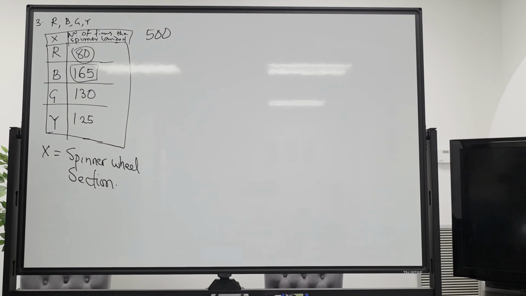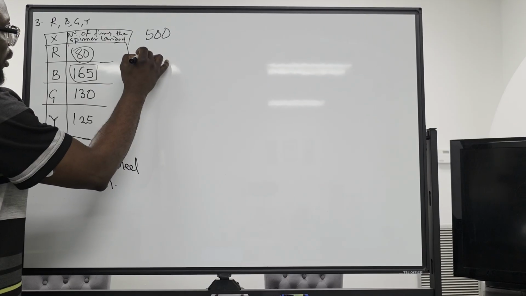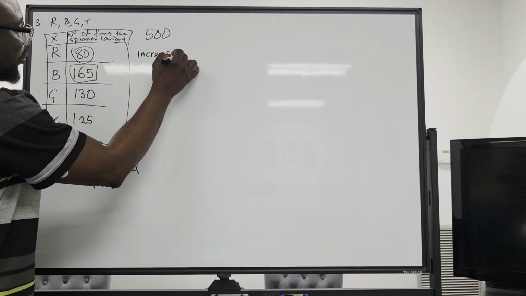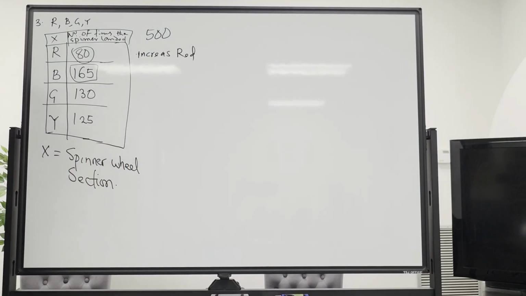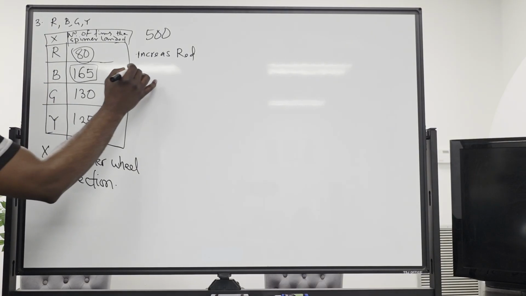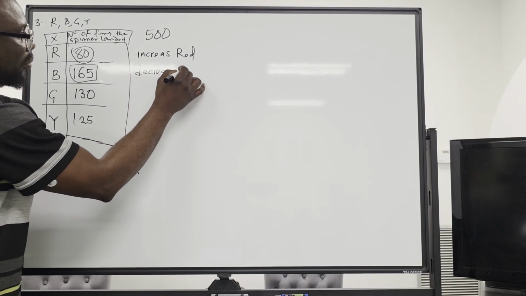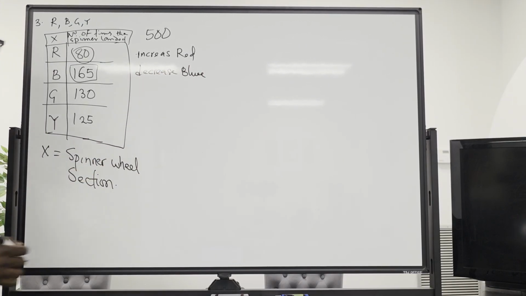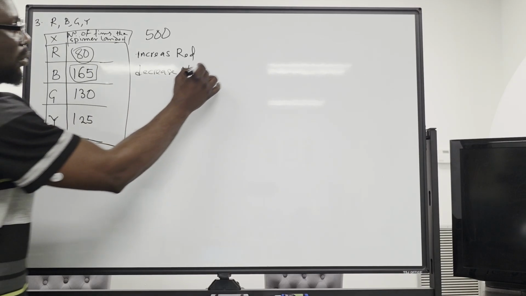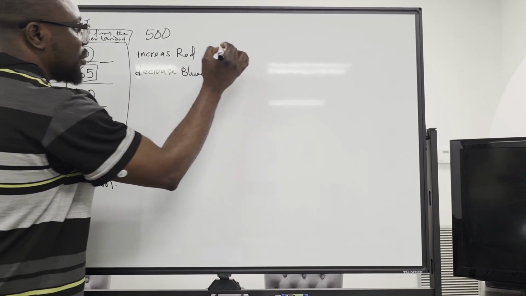Option B, it should increase the area of the red section, increase red, which is yes, increase red, and decrease the area of the blue section, so decrease blue. That makes sense. So option B looks like it makes sense. Let's keep going.